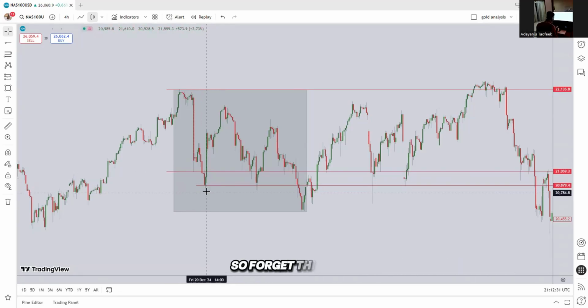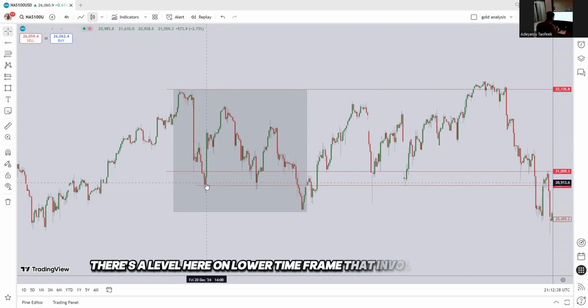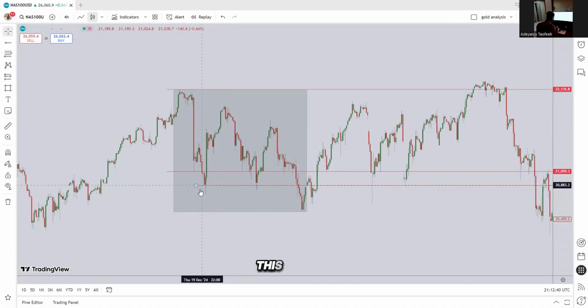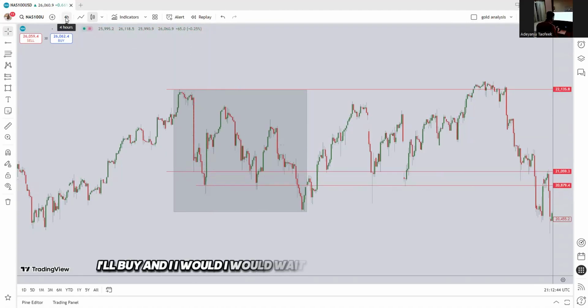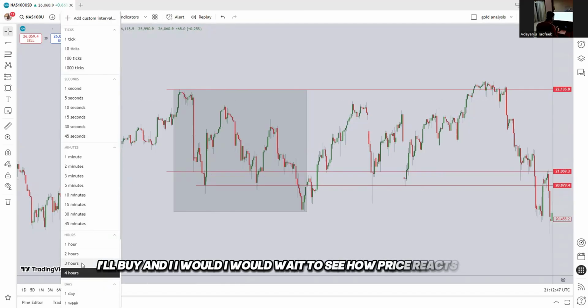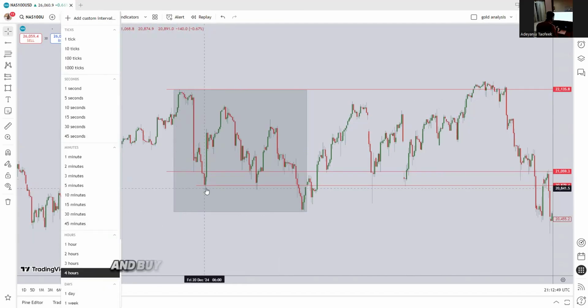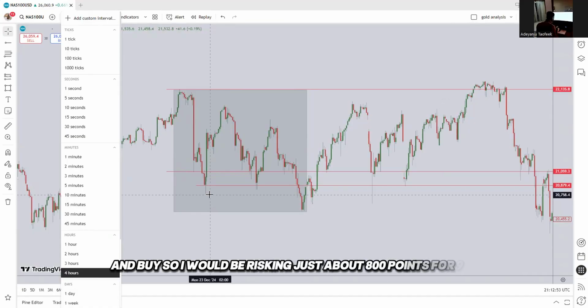So if we get this level, right, and then there's a level here on the lower time frame that engulfs inside this red line, I'll buy, and I would wait to see how price reacts. I would be risking just about 100 points for 900.